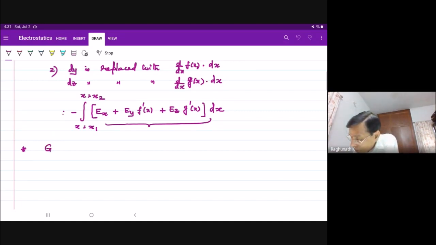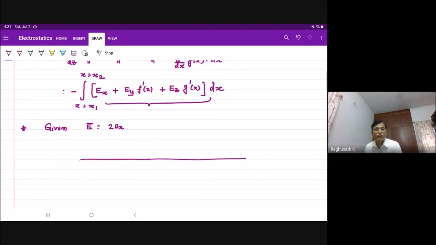Given E bar is equal to 2ax everywhere. I will take along x-axis. I will say this is -1. This is 1. This is 2. This is 3.